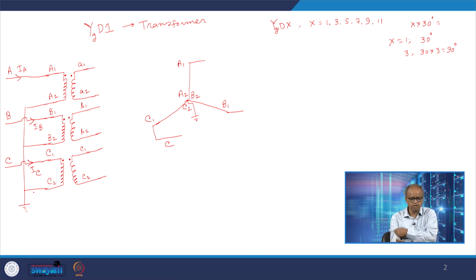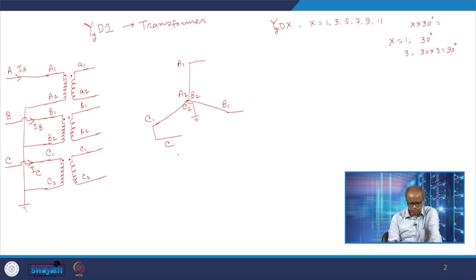So we have drawn the phasor diagram, where phase A, phase B and phase C are 120 degrees apart. Because in this connection we have connected A2, B2 and C2 together and grounded it, here also we have indicated the same, that we have tied up A2, B2 and C2 together and then grounded it. Now this finishes the phasor diagram at the star side.